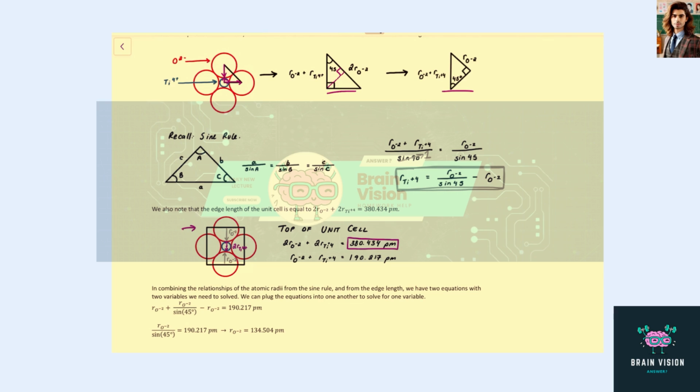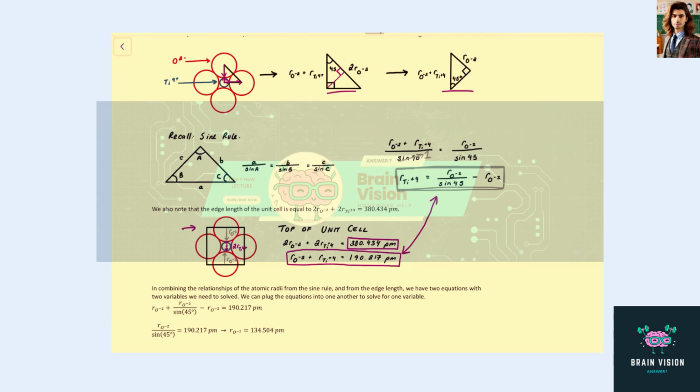And if we divide it by 2, just so we have no coefficients in front of our radius for titanium or oxide ion, we find that the sum of these radii is equal to 190.217 picometers. So now we have two equations in two unknowns.